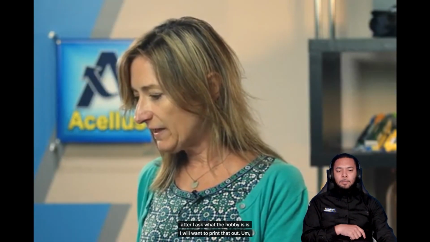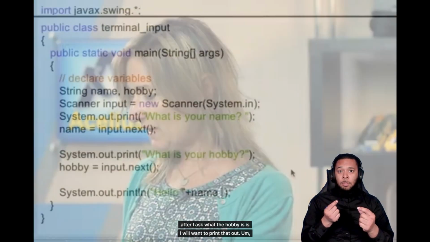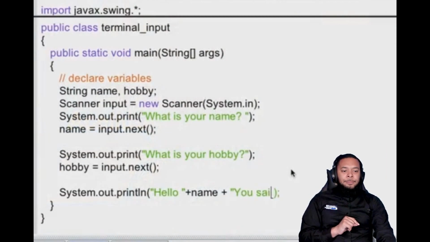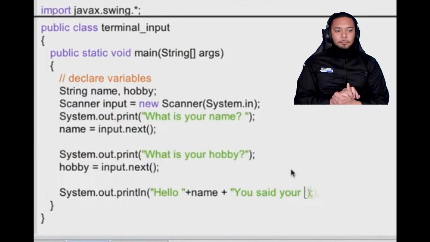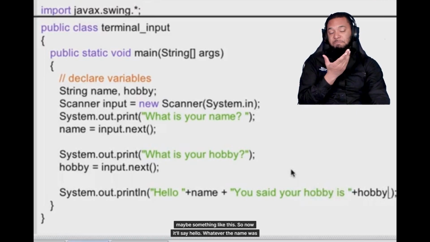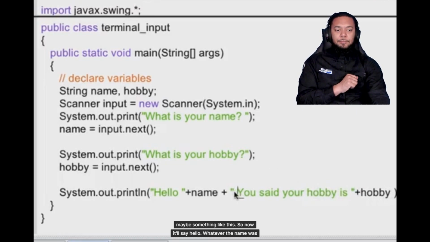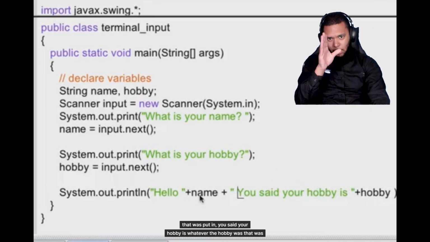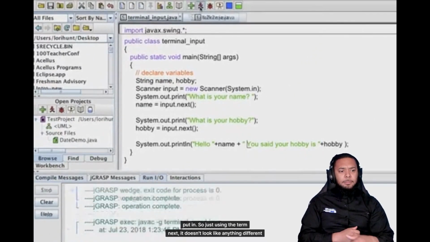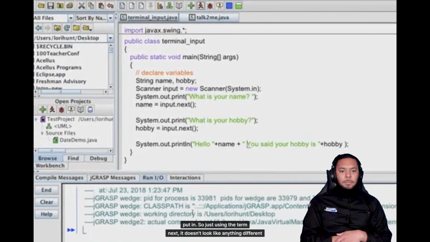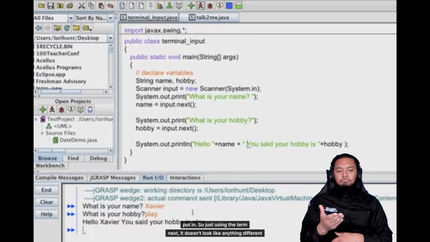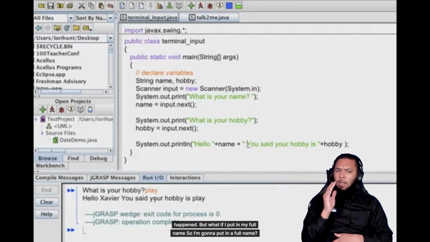What I would want to do after I ask what the hobby is, I will want to print that out. Maybe something like this. So now it'll say hello, whatever the name was that was put in. You said your hobby is, whatever the hobby was that was put in. So just using the term next, it doesn't look like anything different happened.